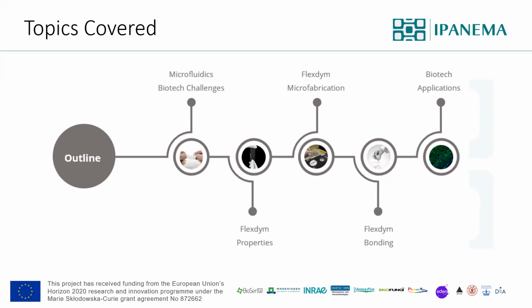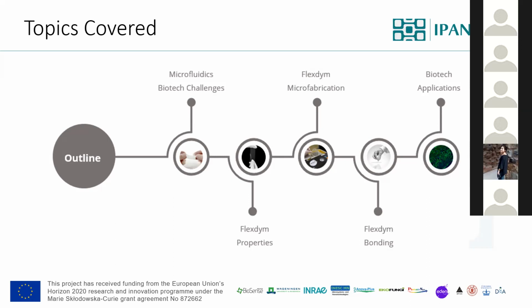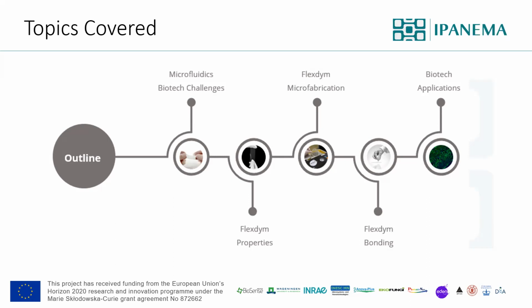Then I'll explain to you exactly how you can fabricate Flexdym devices for these biotech applications, followed by covering a key aspect of bonding and device assembly, which is really essential to the efficient and rapid production of microfluidic devices. And finally, I'll talk about two of the top biotech applications we currently observe using the Flexdym polymer.